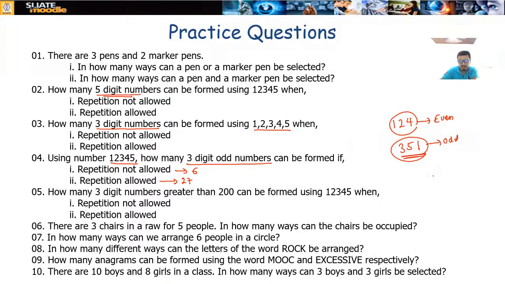Right? Here, 123. This is a 3-digit odd number. And I can write 125. 3-digit odd number. Right? Repetition is not allowed for part 1.